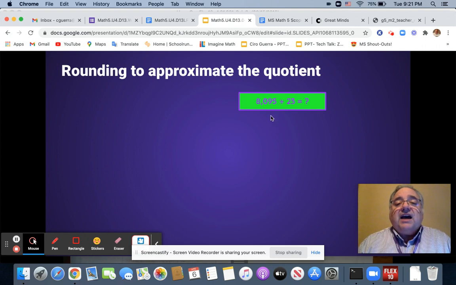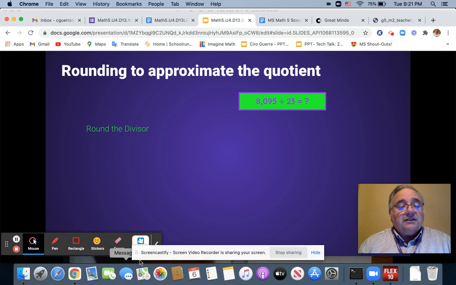First problem we have is 8,095 divided by 23. Do you remember what the steps are? The first step is to round the divisor. So let's round the divisor.